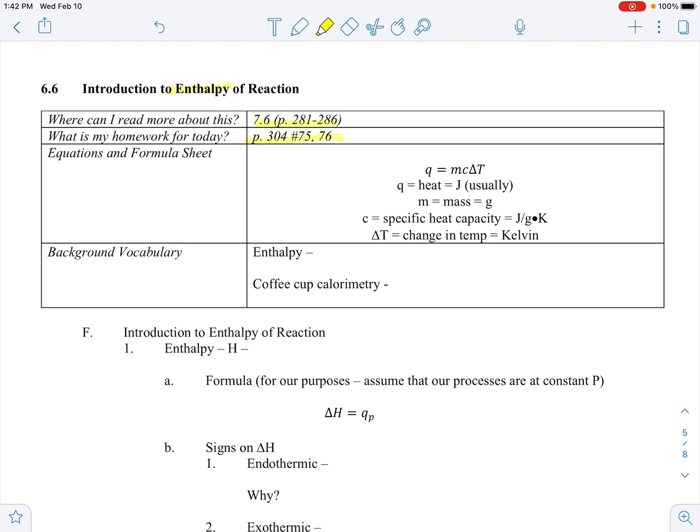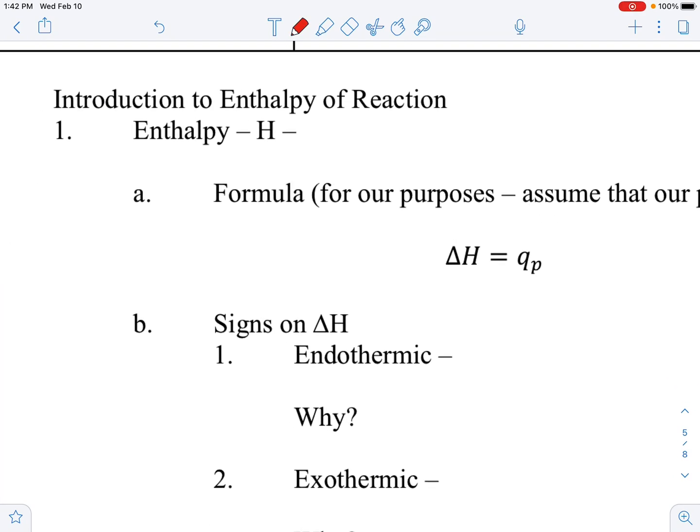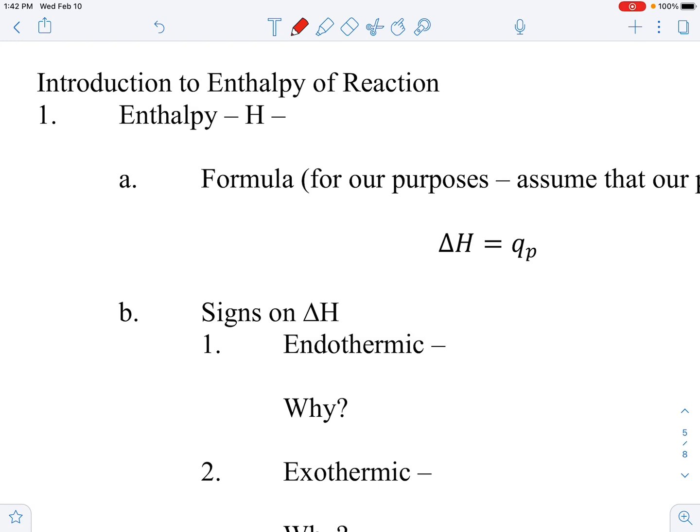All right, so first, defining enthalpy for our purposes. For the purposes of this class, we are going to define enthalpy as heat. Oh my goodness, I know. It's abbreviated by H, but we're going to call it heat. And so we're talking about energy being transferred, is really what it comes down to.